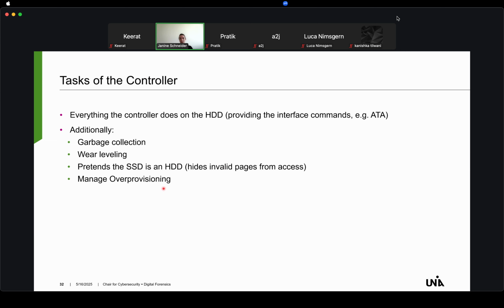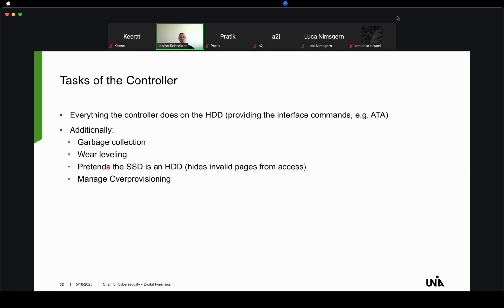You have more storage available than you can actually access as the user because there is this over provisioning area, which is used to overcome bad blocks in case a cell is worn out or damaged and cannot be used anymore. Then the over provisioning management system jumps in and tries to pretend that everything is fine.